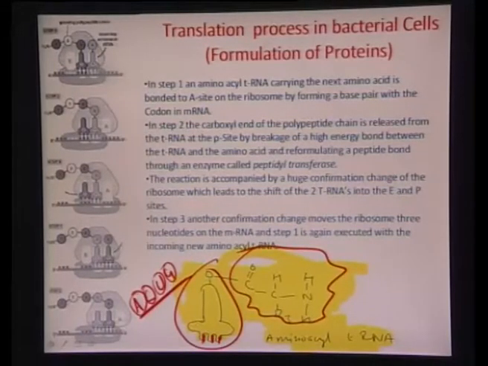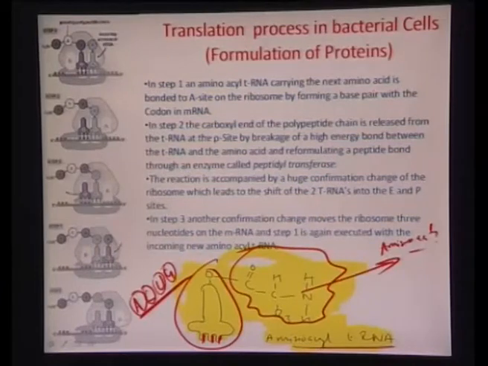Based on the sequence here, you can find a sequence on the mRNA and bind this particular amino acid tRNA. What is important is that this sequence matching leads to the development of another sequence of all these different amino acids, and that is what a protein is about.